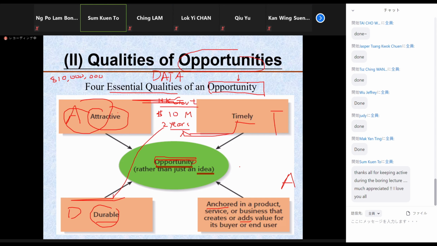And also, as an opportunity, I must have a good innovative idea, and it must add value to the buyer or end user, which is customer focus. All right.